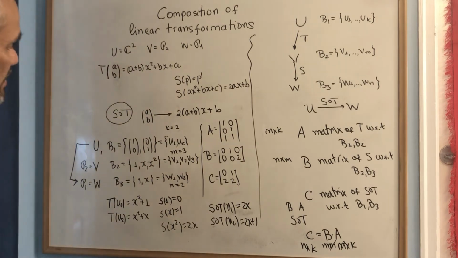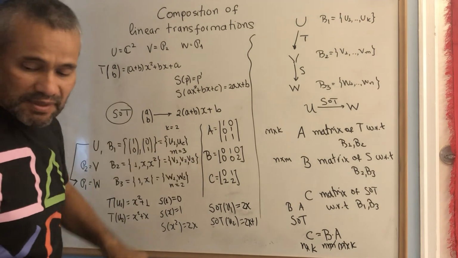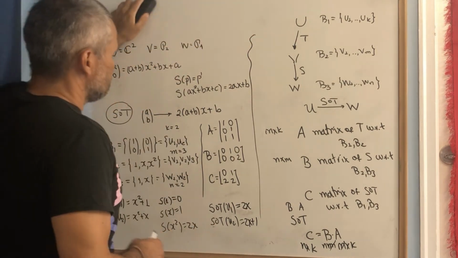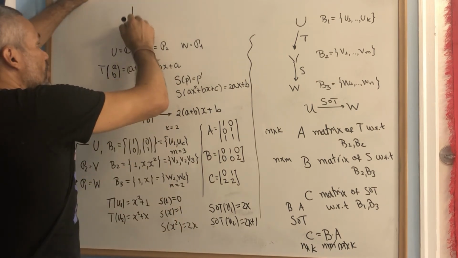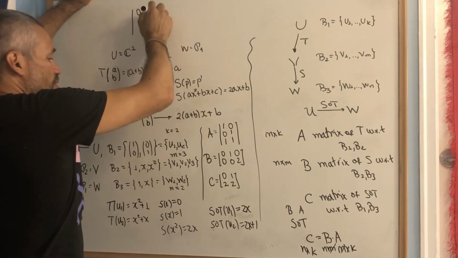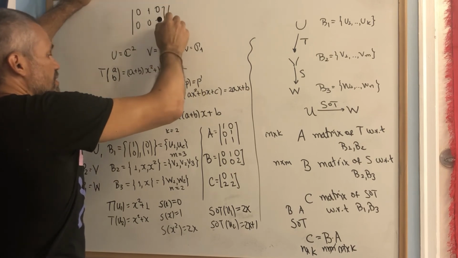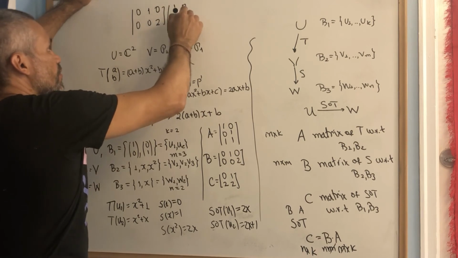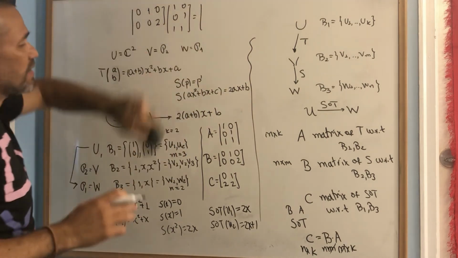And the theorem says that this matrix should be the product of this with this. Let's see if that is true. If I do the product of B, 0, 1, 0, 0, 0, 2, times A, 1, 0, 0, 1, 1, 1, then I will get the matrix.